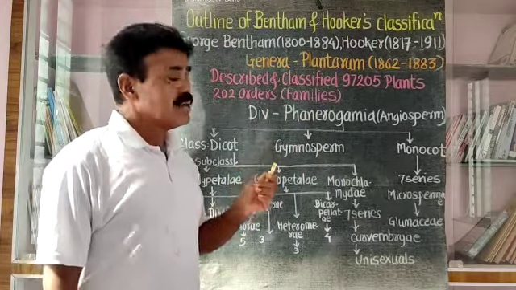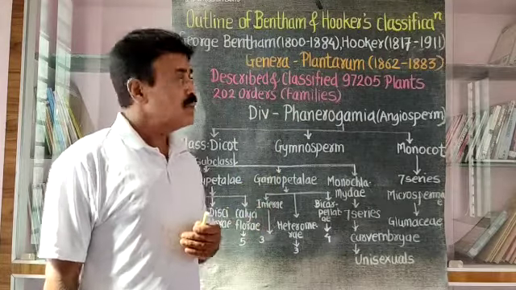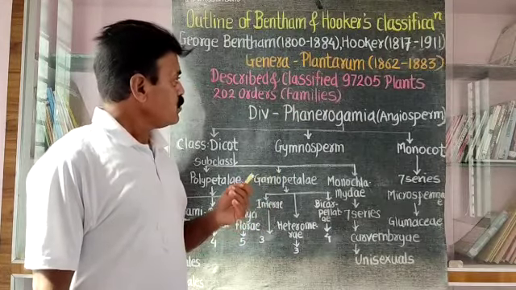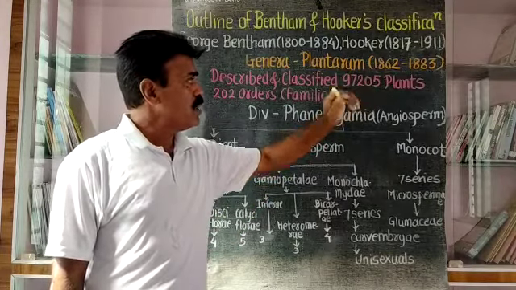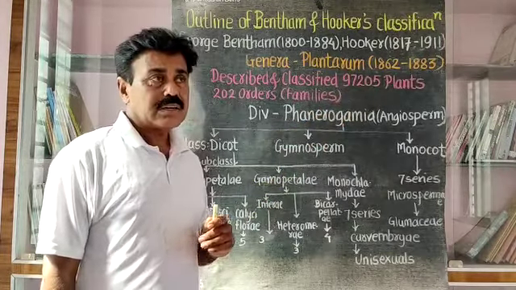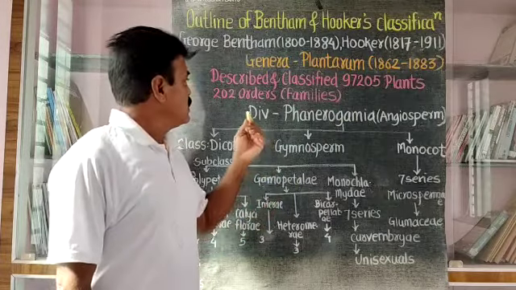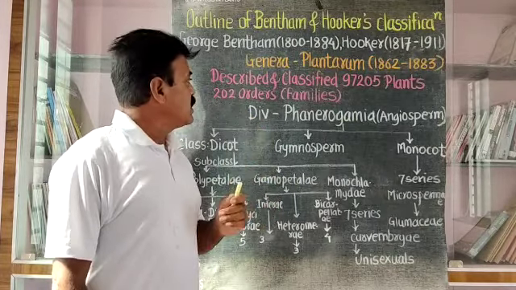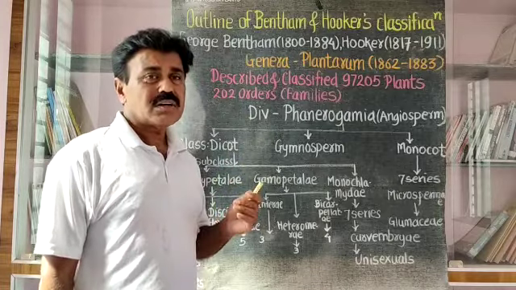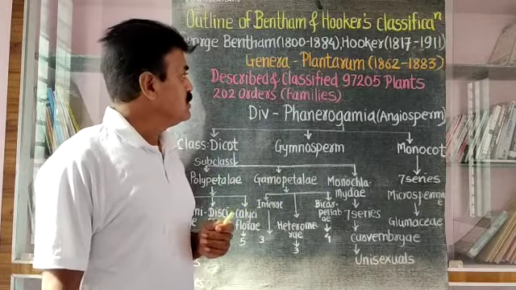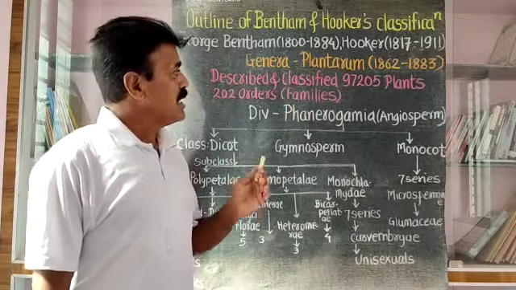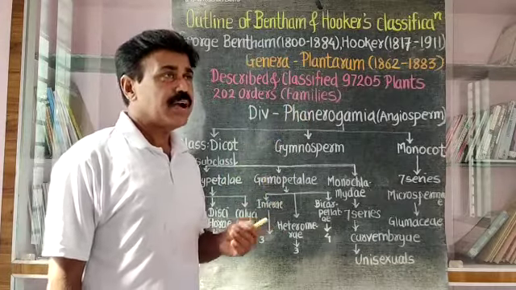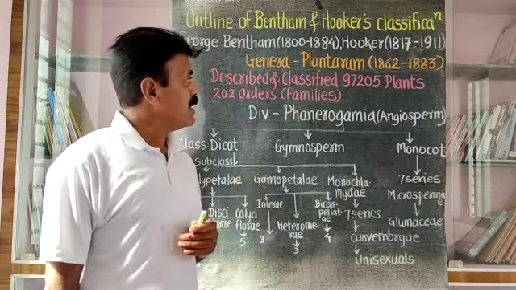In this book Bentham and Hooker described 97,205 plants, classified into 202 natural orders, also called families.